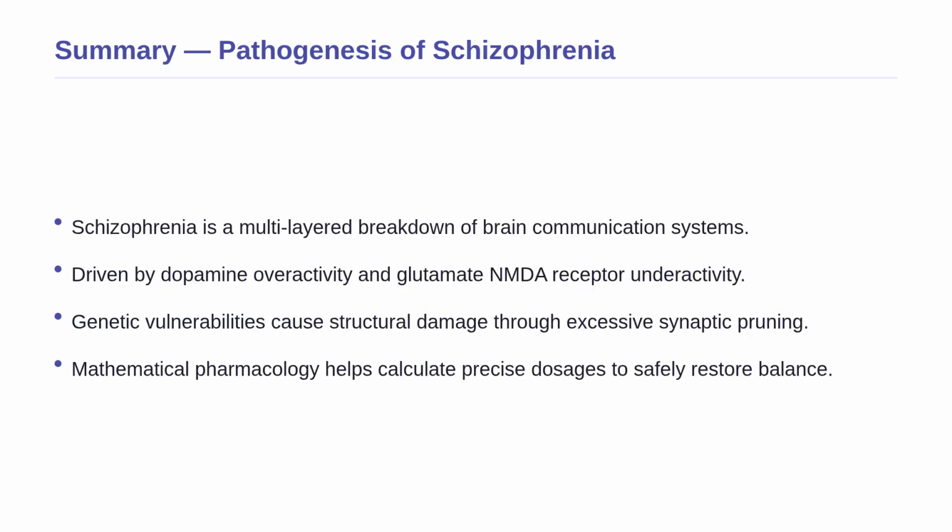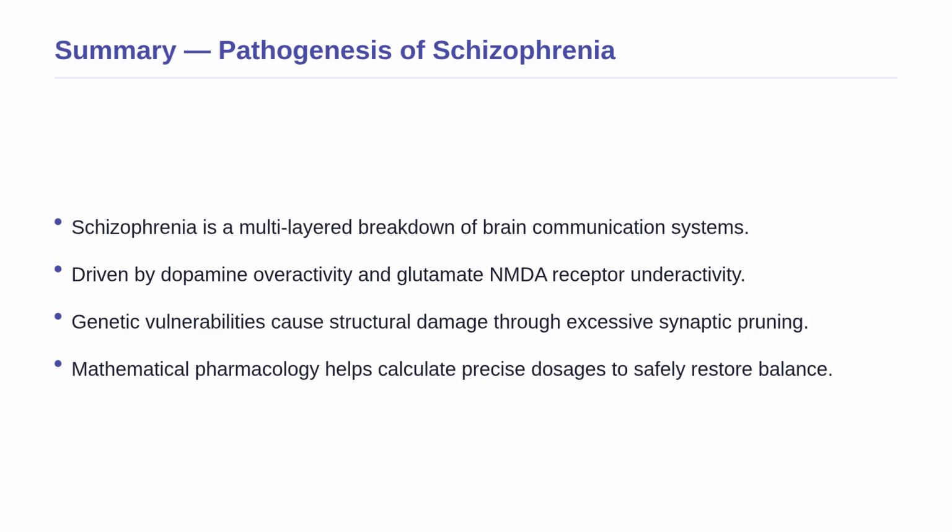We have covered a tremendous amount of ground today, so let us summarize our key takeaways. The pathogenesis of schizophrenia is a multi-layered breakdown of the brain's communication systems. It involves severe chemical imbalances, specifically the overactivity of dopamine and the dangerous underactivity of glutamate NMDA receptors.